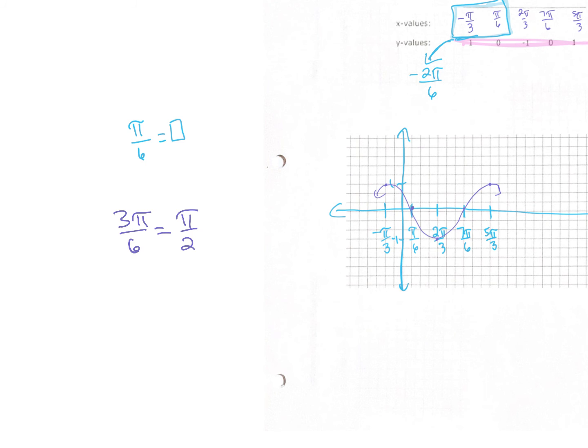All of those are a distance of pi over 2. So it should hopefully make sense to you that because we want to progress along our axis a distance of pi over 2, if we're using one box to represent pi over 6, then we're going to need 3 boxes in between our hash marks.